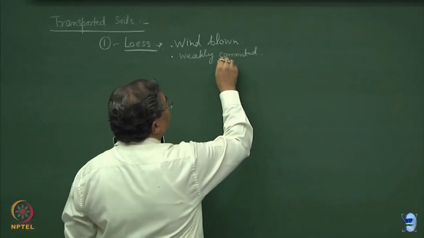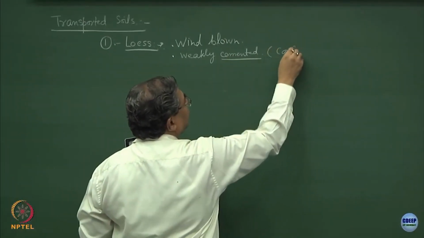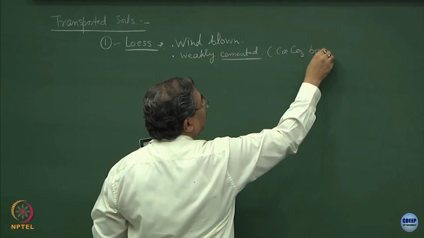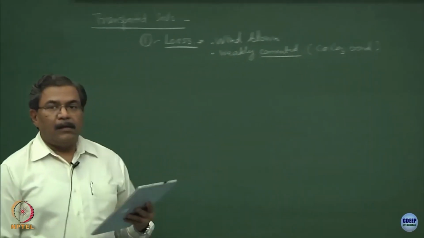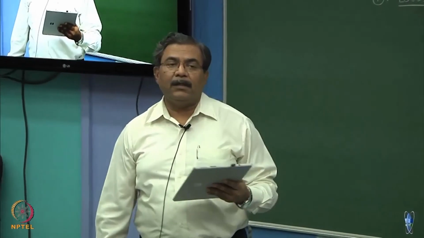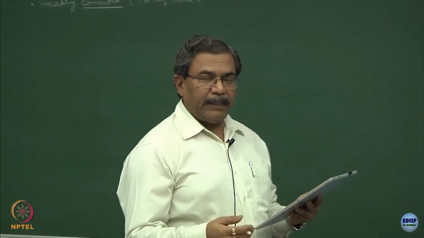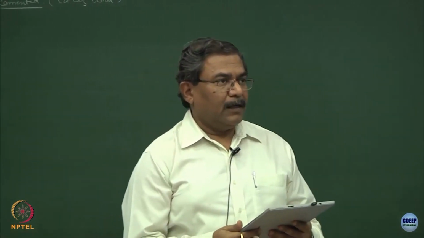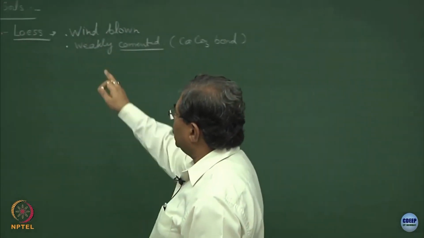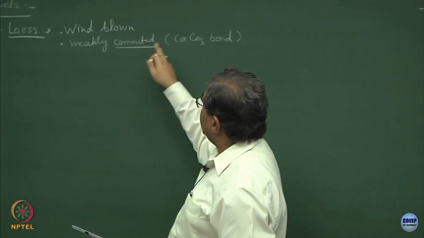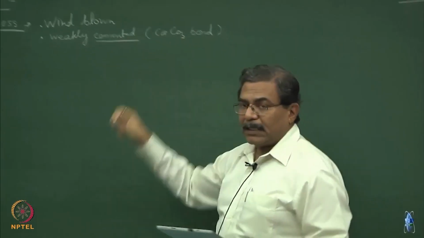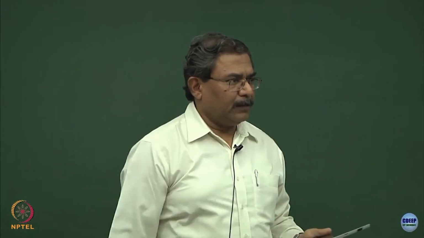And when we talk about the cementation, mostly this is the calcium carbonate bond. Sometime back I had talked about why desert sands can be utilized as construction material, particularly in concrete. I think now you can get the answer: most of the aeolian deposits or the loess soils have weakly cemented calcium carbonate bonds, and this calcium carbonate can be utilized for making concrete, because of the pozzolanicity.